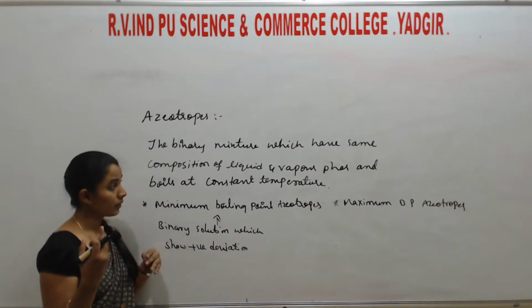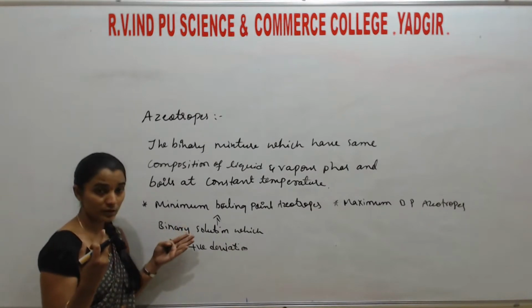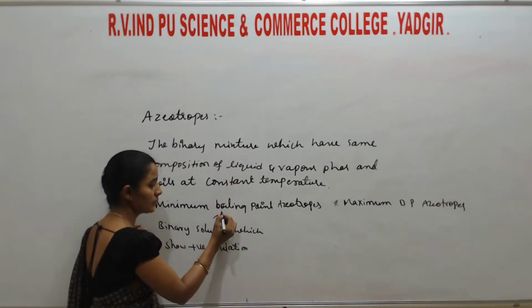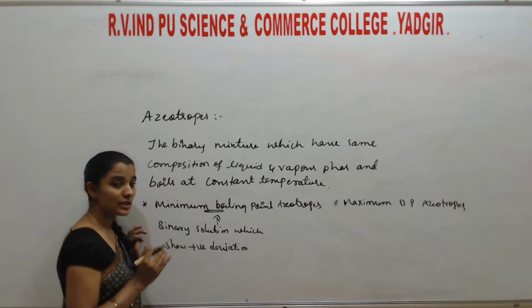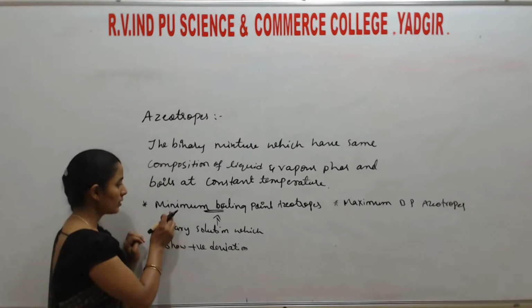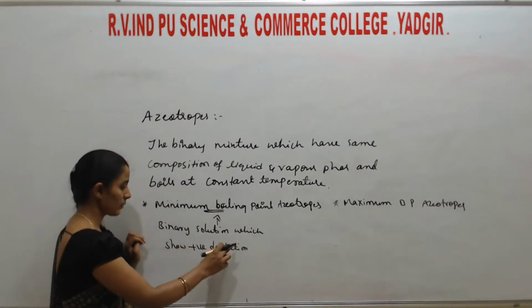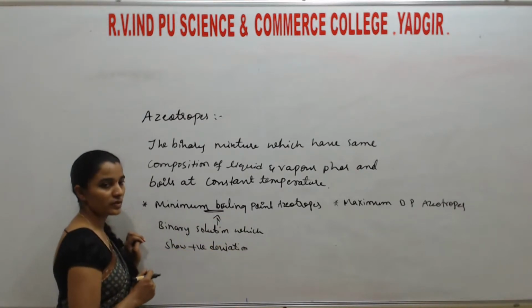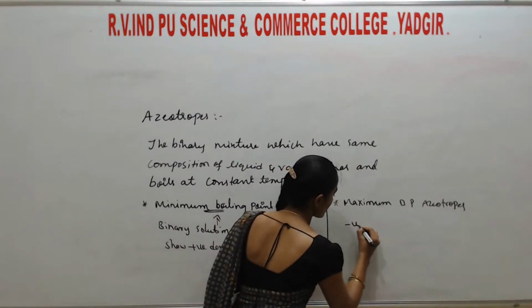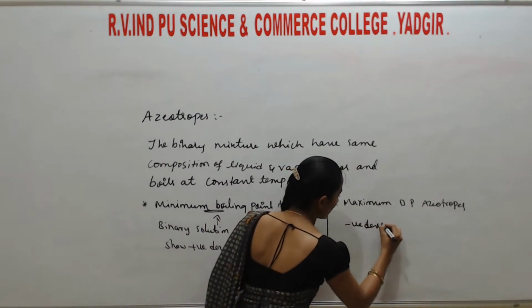Then the concentration of the vapor phase increases, so it requires less temperature to boil the liquid. Minimum boiling point azeotropes are the solutions which show positive deviation. Maximum boiling point azeotropes are the solutions which show negative deviation.